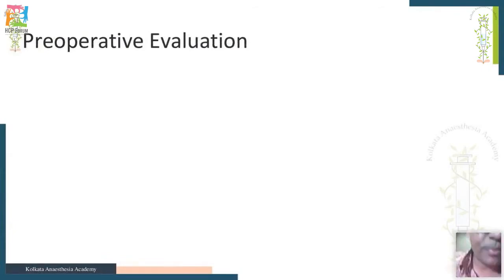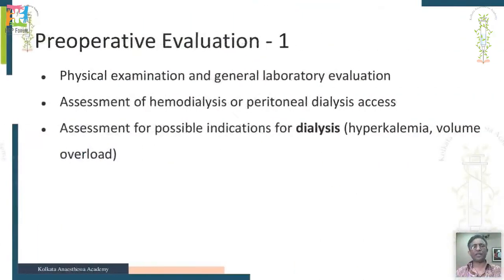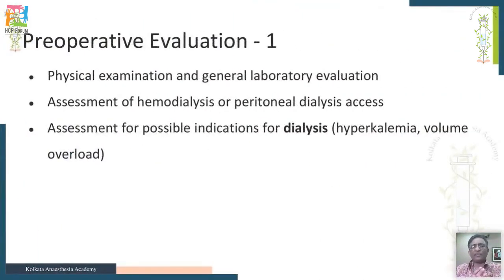I'll come to the preoperative evaluation. If you look at the preoperative evaluation, a lot of it will be similar: physical examination, general lab investigations. What is special is that you try and figure out, is the person on dialysis? What kind of dialysis, hemodialysis or peritoneal dialysis? What was the reason they initially went into dialysis?